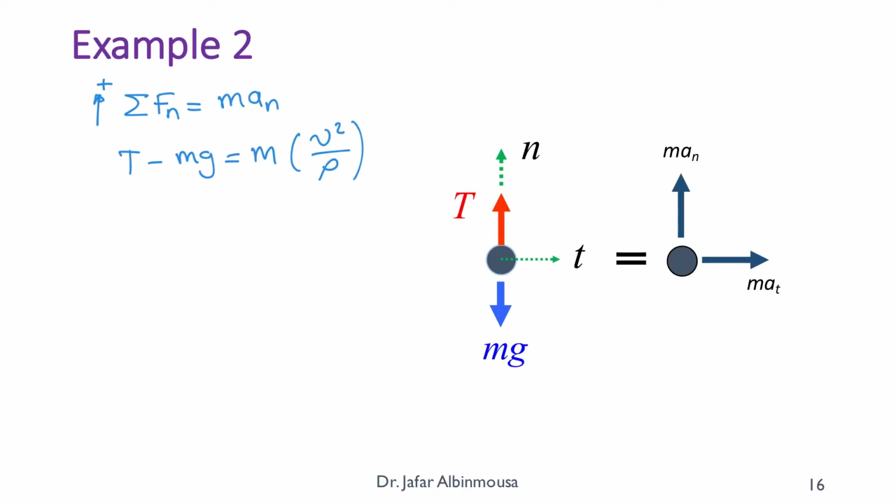So this will give you the tension equals m multiplied by v squared over rho plus g. And if you substitute, the mass was given as 30 kilograms and the velocity was given as 4, squared.